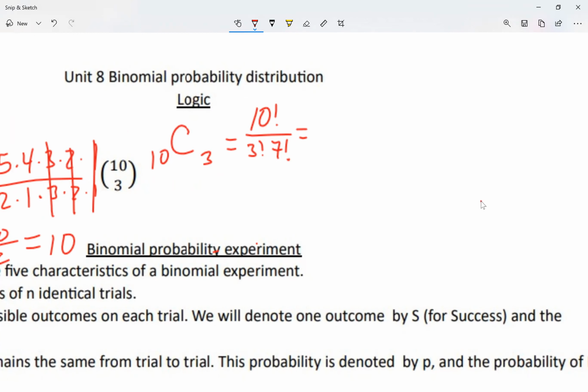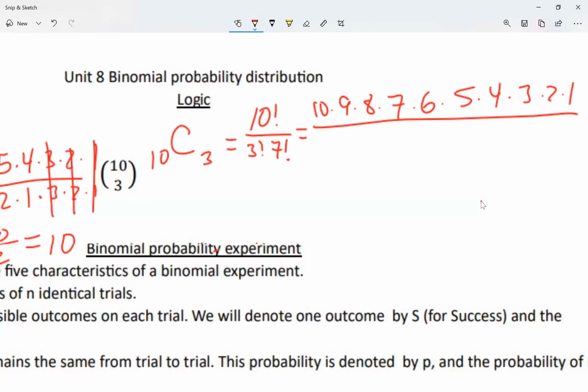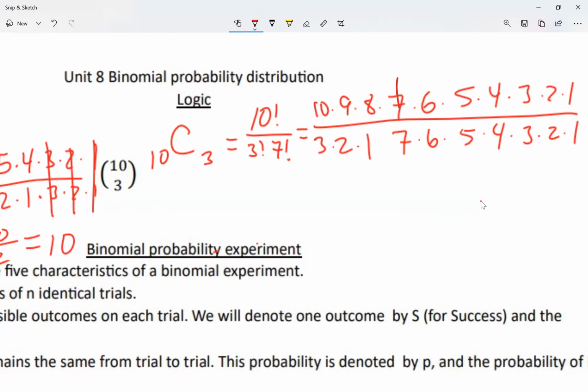But 10 factorial, okay, so that's 10 times 9 times 8 times 7 times 6 times 5 times 4 times 3 times 2 times 1 over, I know 3 factorial is 3 times 2 times 1. 7 factorial, 7 times 6 times 5 times 4 times 3 times 2 times 1. I know the 7, the 6, the 5, the 4, the 3, the 2, the 1 cancel out.